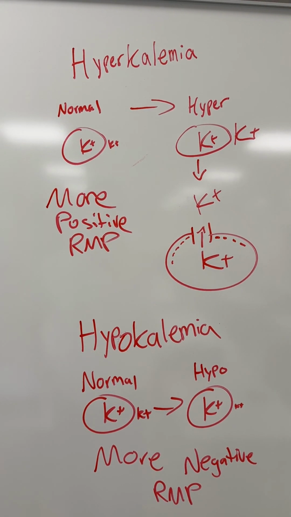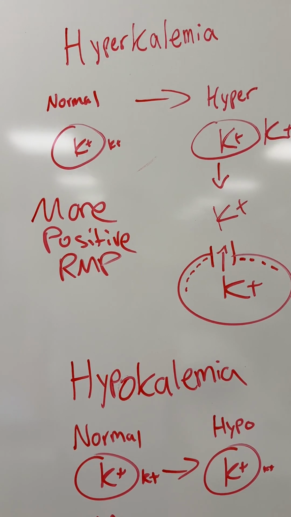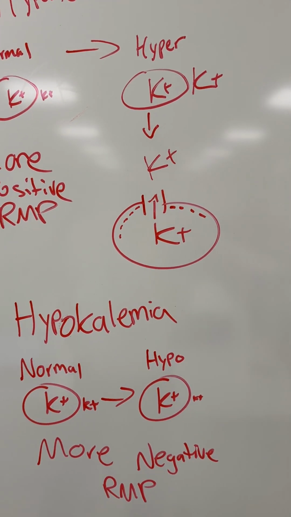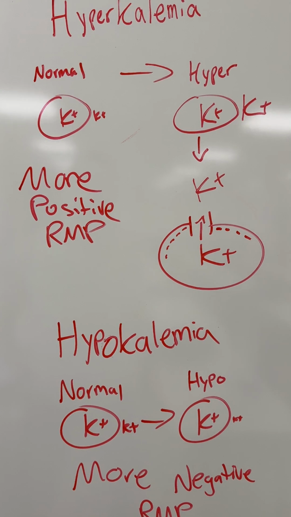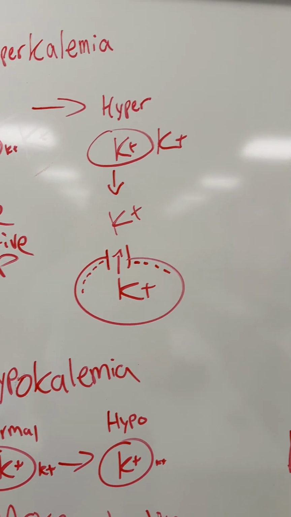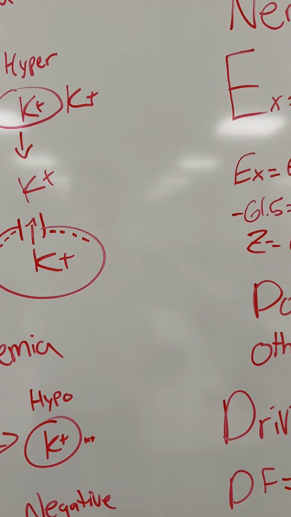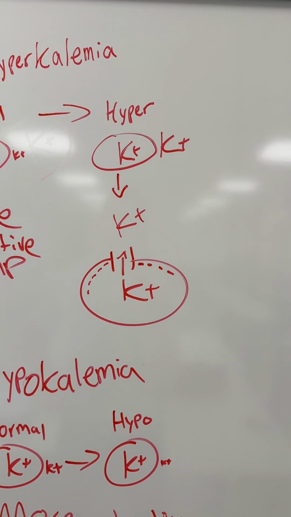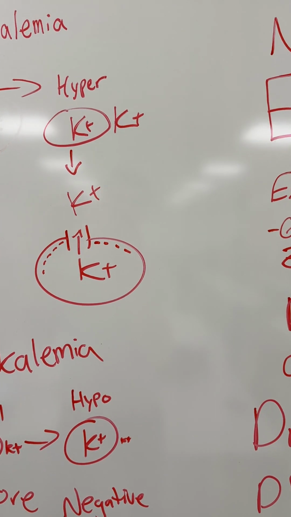For example, with hyperkalemia: normally, under normal conditions, we have a lot more potassium inside than outside the cell. With hyperkalemia, we have more potassium outside the cell than usual. There's still more inside though, there's just more than usual outside.